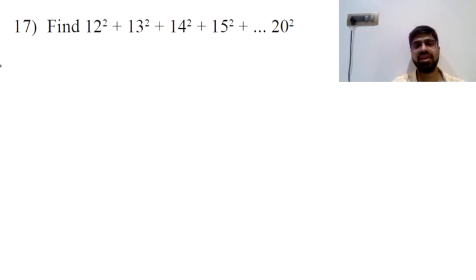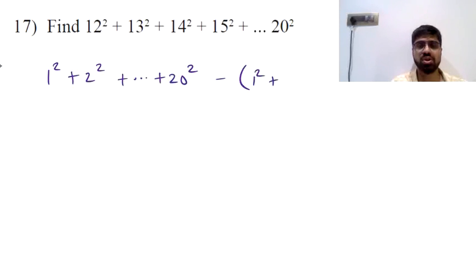Let's go ahead with the 17th question. So in the 17th question, you need 12 square, 13 square, 14 square up to 20 square. We will prefer to write it as 1 square plus 2 square and so on up to 20 square, and from that we will subtract all numbers from 1 square up to 11 square.